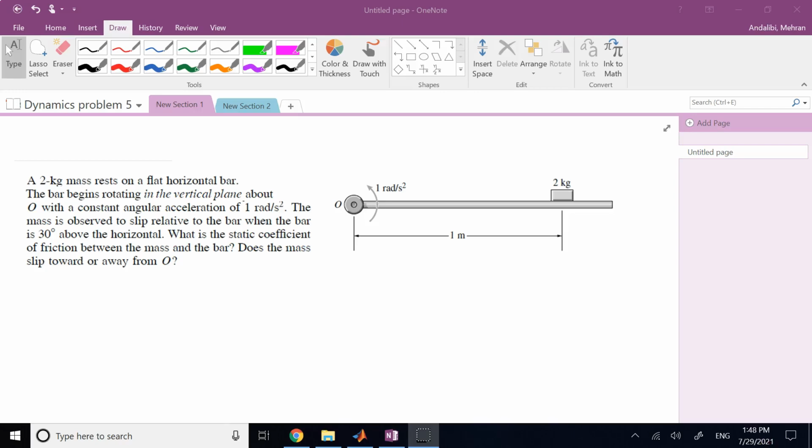Hello everyone. In this video we are going to look at a particle's kinetic problem using the cylindrical coordinates, or the 2D version of that, which is called the polar coordinates.